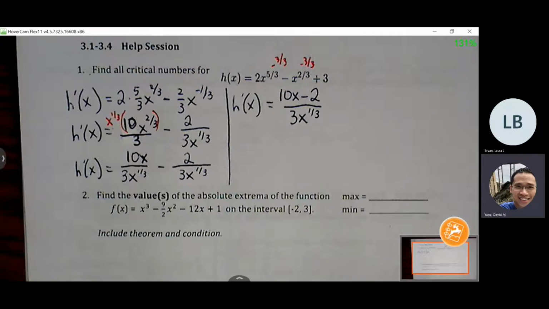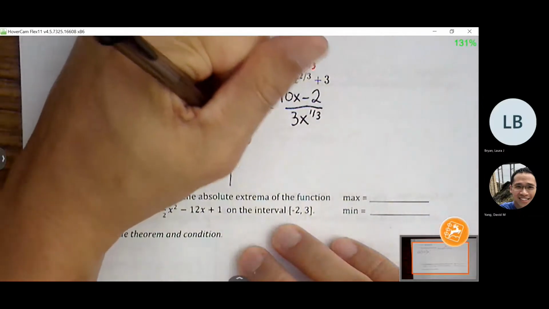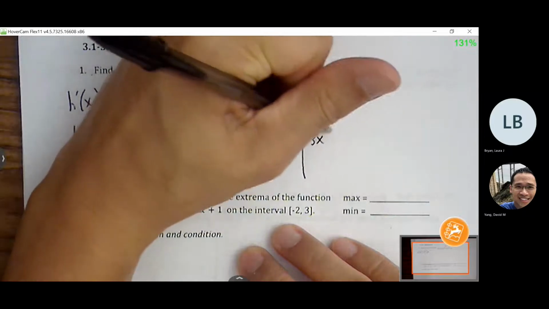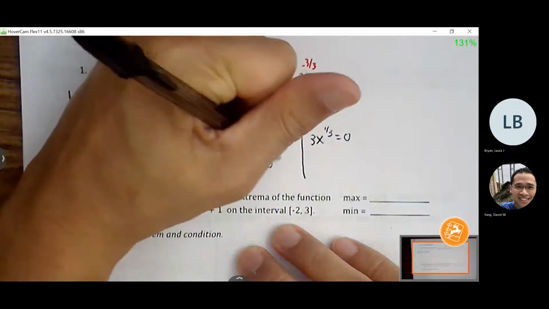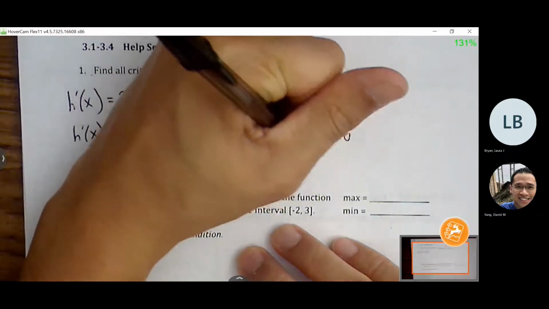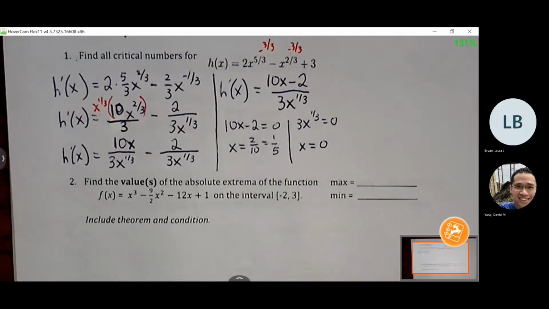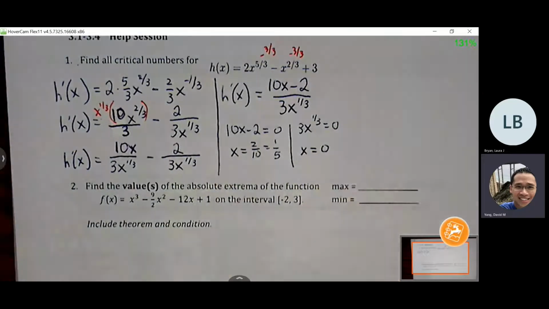Set 3x to the 1/3 equal to 0. So those are our critical points, 1/5 and 0.